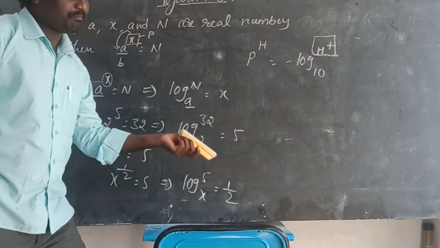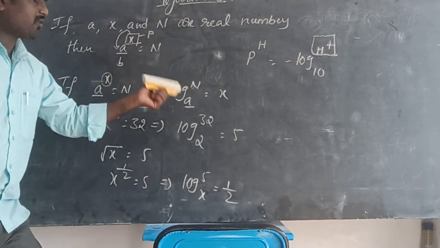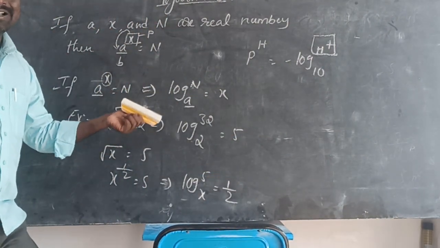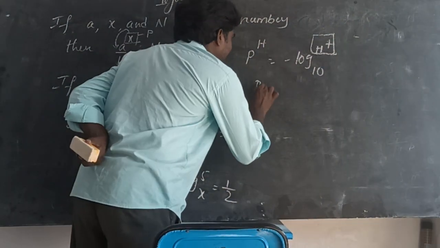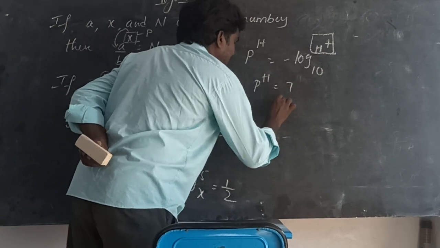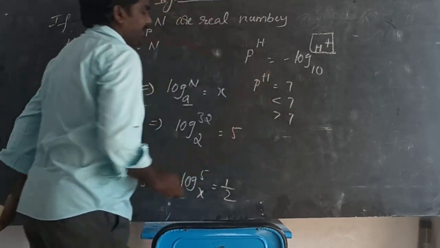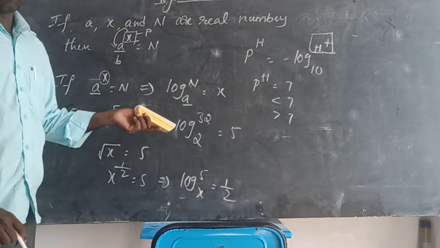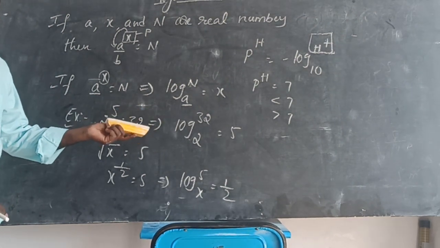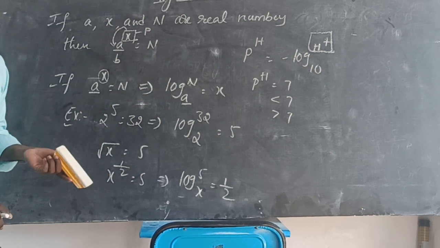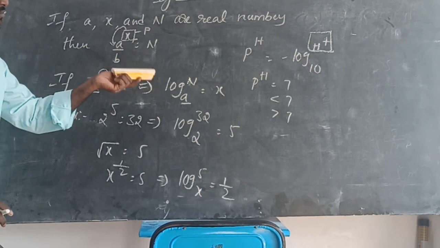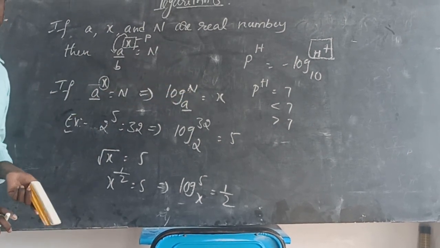You can use it in calculation of population and to measure the pH. There are three conditions: pH equal to 7, less than 7, greater than 7. Neutrals, acids, bases. Logarithms are also used in sounds.